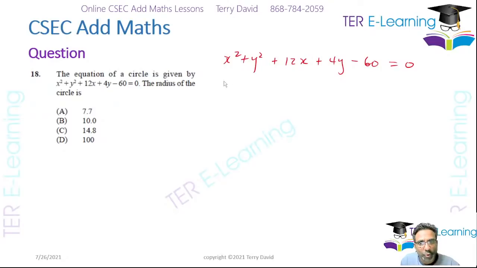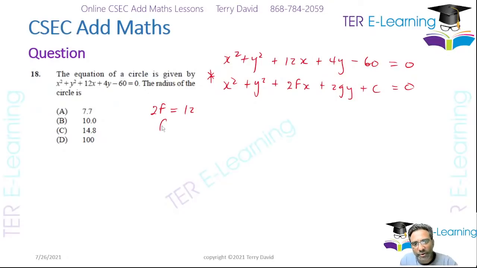Now the general form of the equation of a circle looks like this: x squared plus y squared plus 2fx plus 2gy plus c, right? I'm sure you should be familiar with this equation here. So if I equate coefficients, I can say that 2f is equal to 12. So therefore f is equal to 12 over 2.